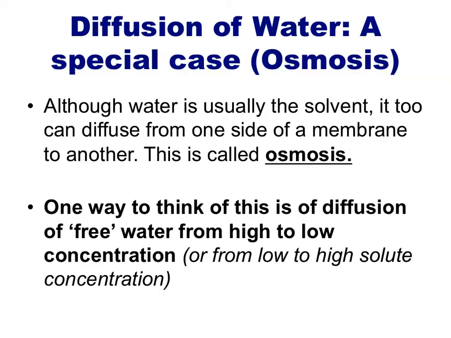So we can describe this another way. We can talk about the movement of water, which is the solvent, from an area of low solute concentration to an area of high solute concentration. Remember, the area with high solute concentration will have a lot of the water busy or interacting with the solute, leaving very little free water.